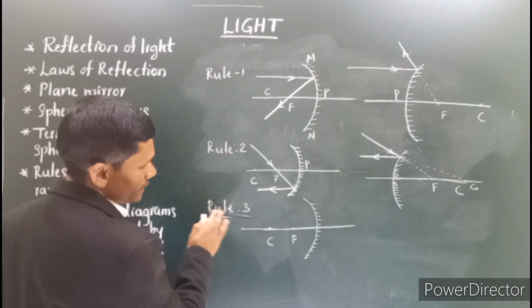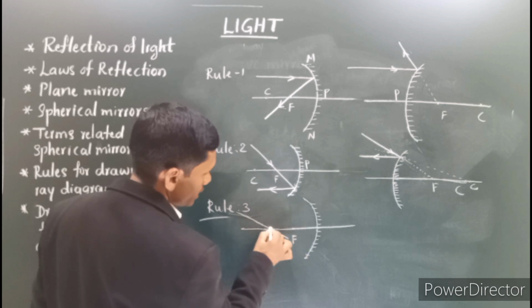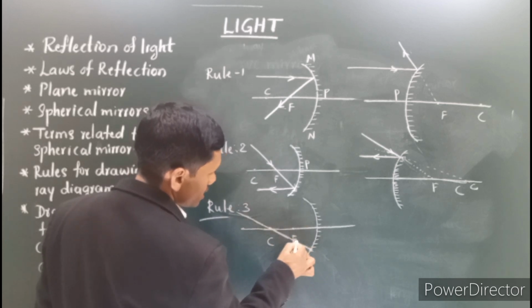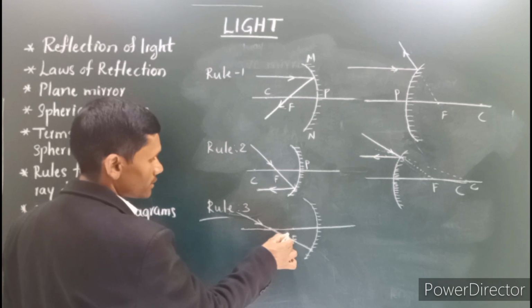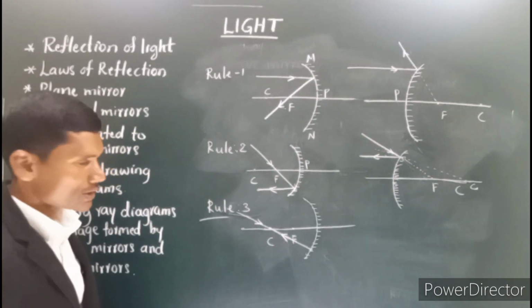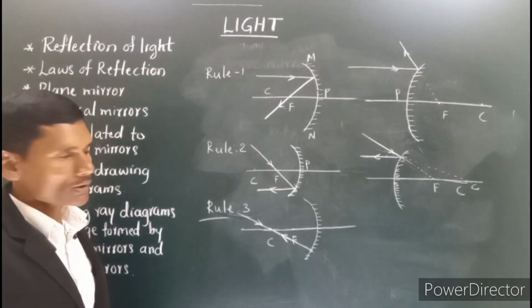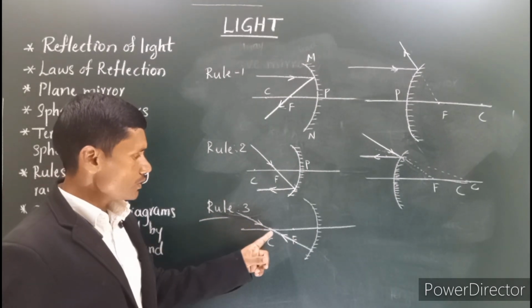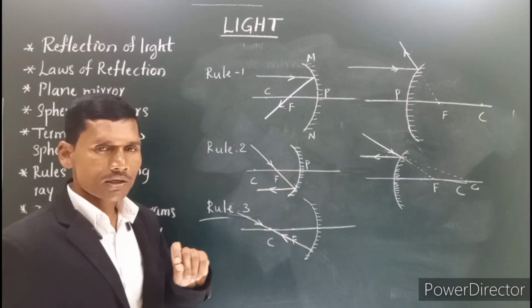A ray which is passing through the center of curvature in case of a concave mirror, after reflection it follows the same path. It is not changing its direction. It is following the same path and returning back along the same path, when it is incident through the center of curvature in case of a concave mirror.